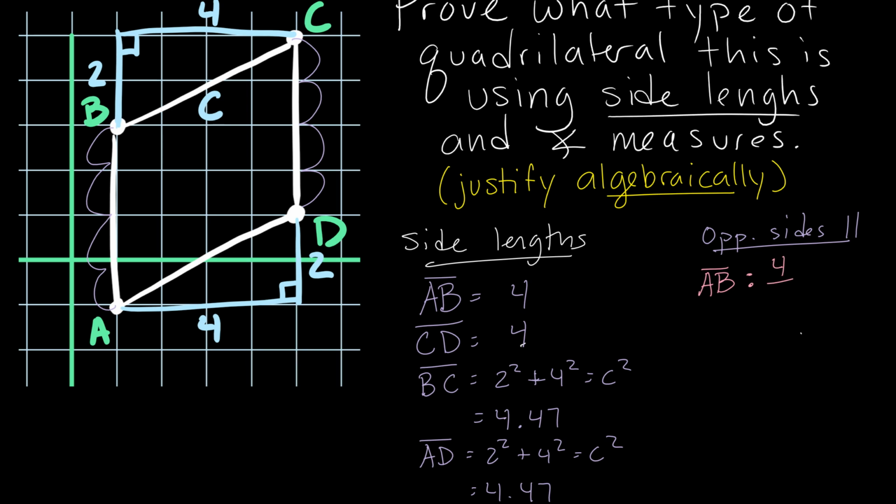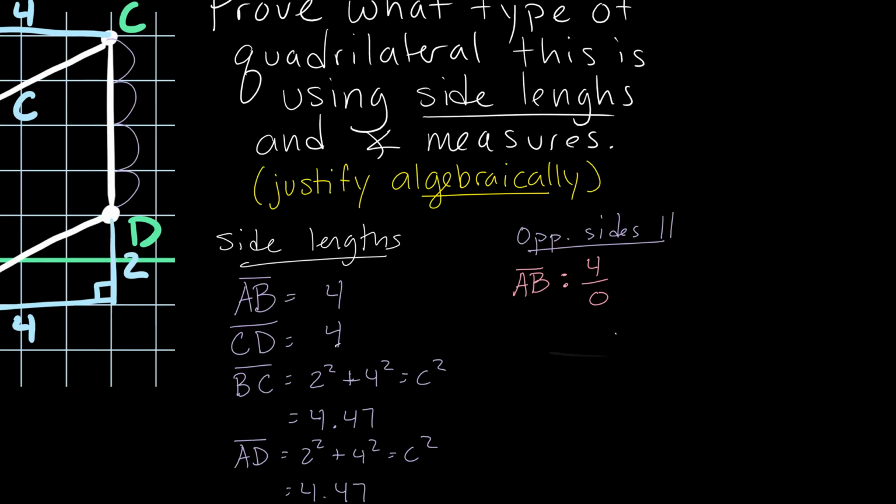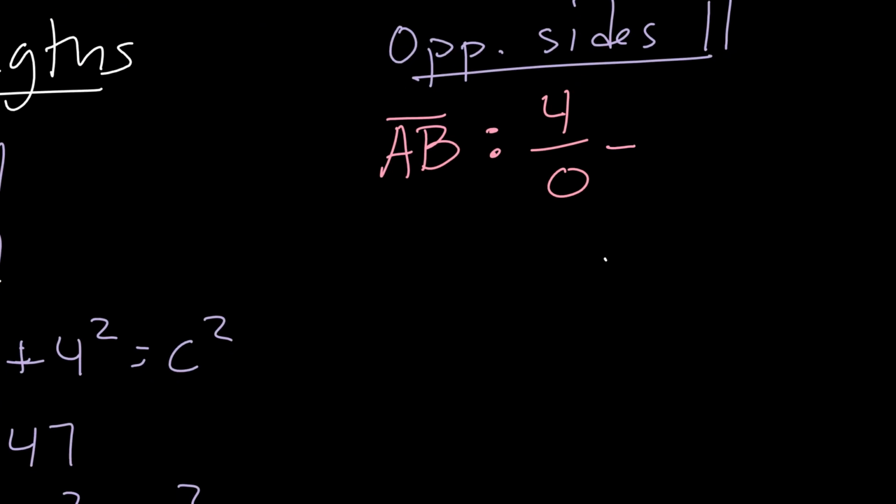What's the run? Of AB, what's the run? No. A to B, what's the run? 0. It doesn't run at all, right? It goes up 4. It doesn't go over at all. So what is 4 divided by 0? Undefined. So this slope is undefined.